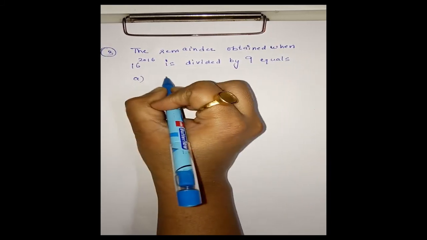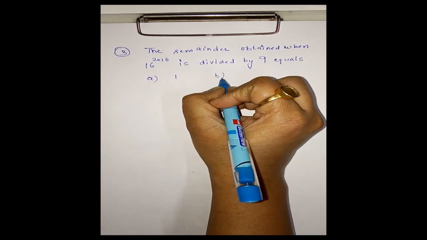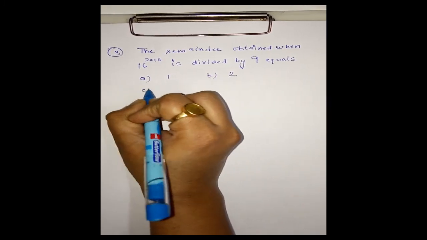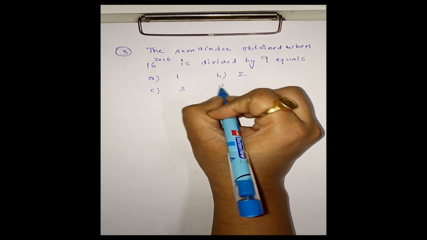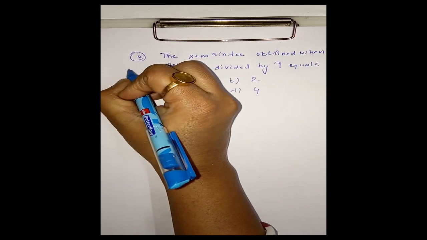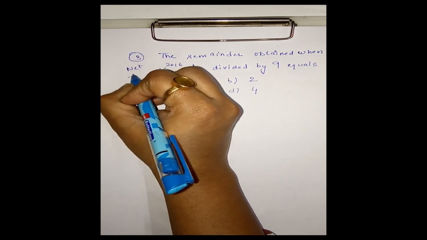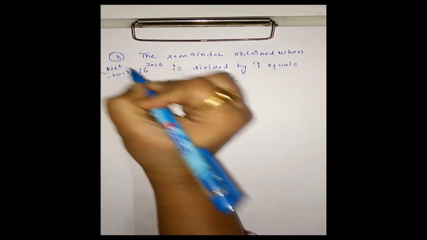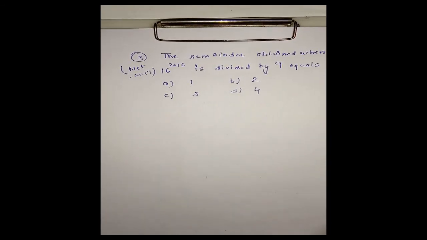The options are 1, 2, 3 and 4. This is a question of the NET 2017 paper.